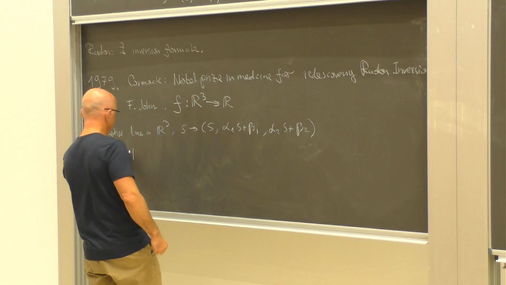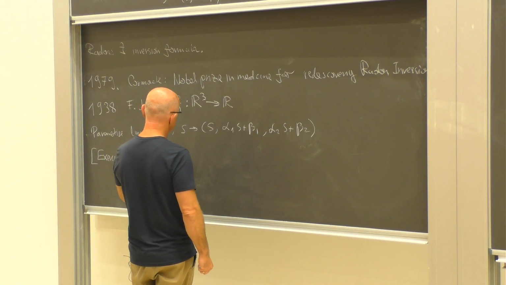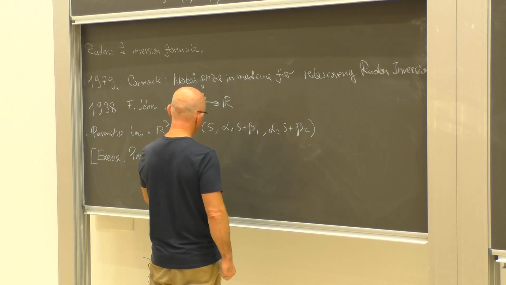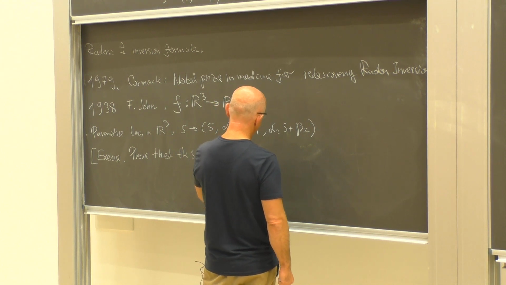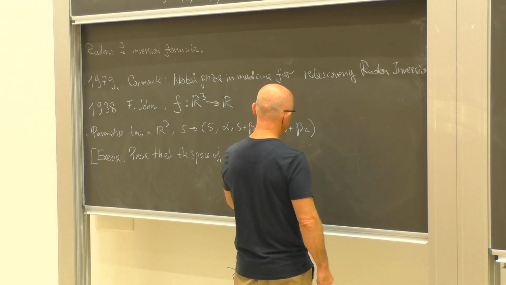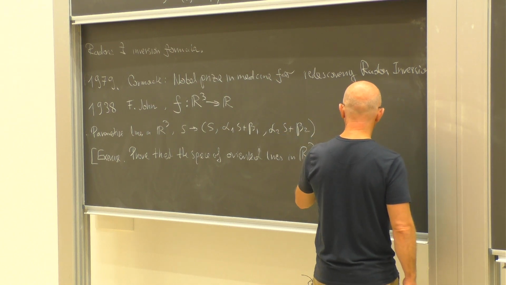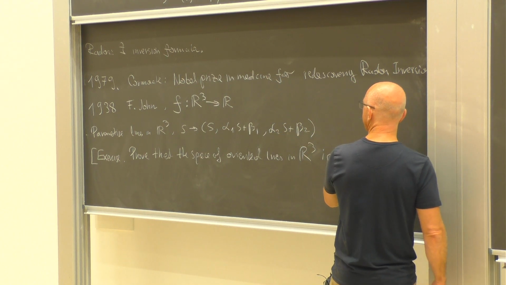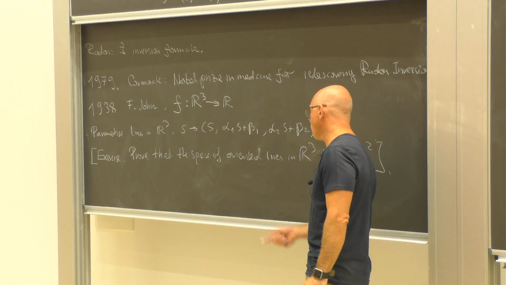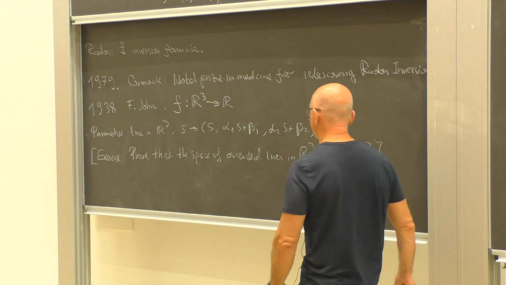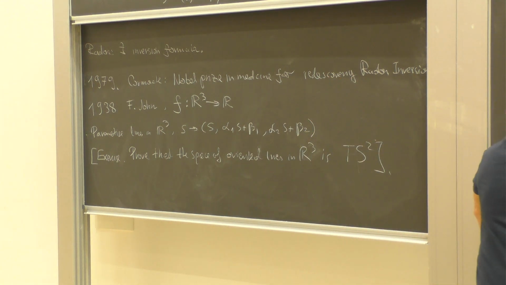So prove that the space of oriented lines in R3 is TS2. And you can then do what I'm going to do in a moment using this kind of more abstract geometry. But this will do for now. Okay, so what happens then?